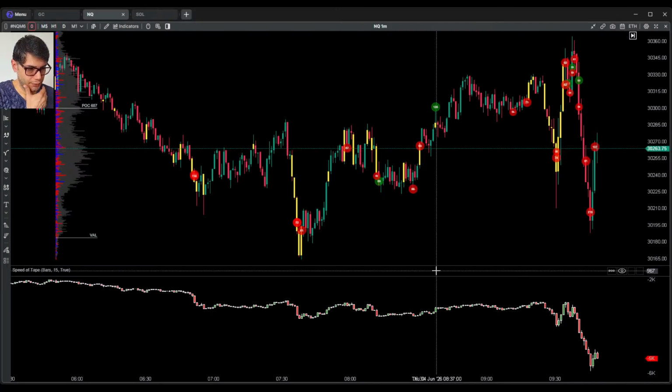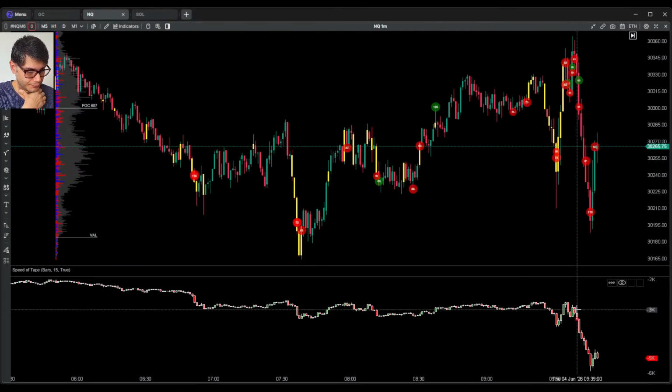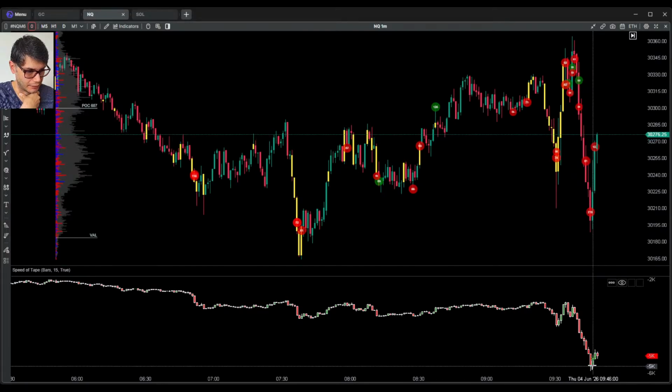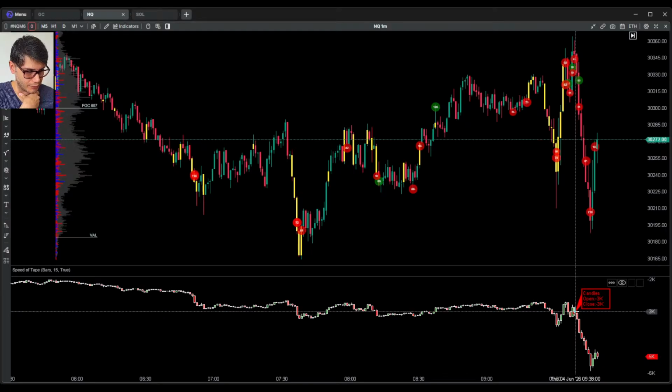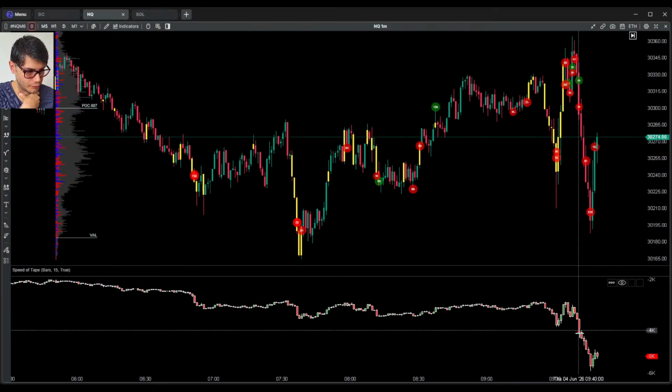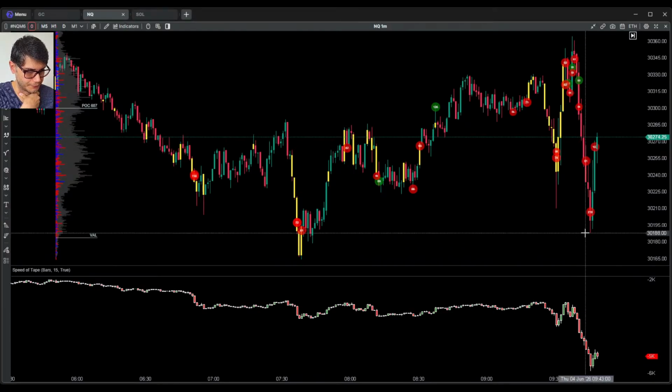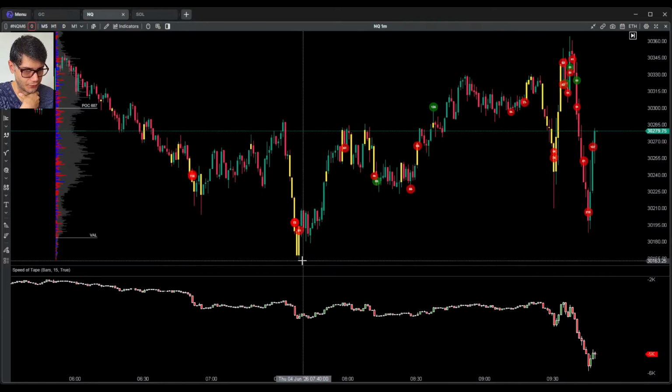Here we are in the order flow. Sell-off is serious. You guys can see that. We have a serious sell-off, yet did not make a new low, failed to do so.